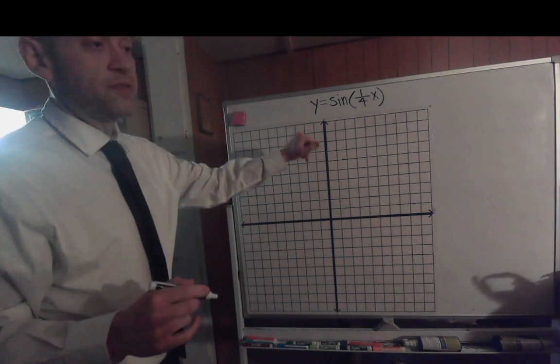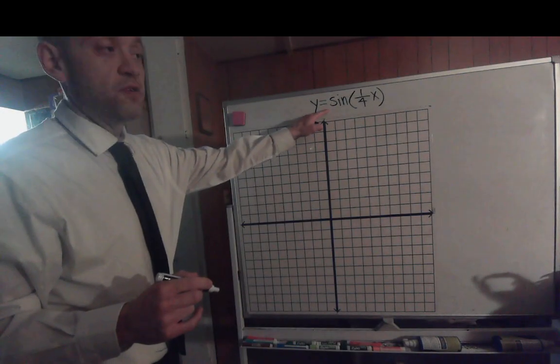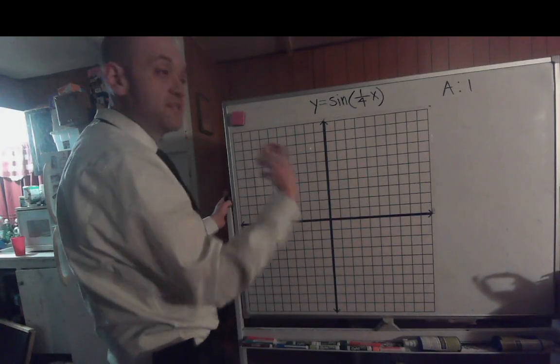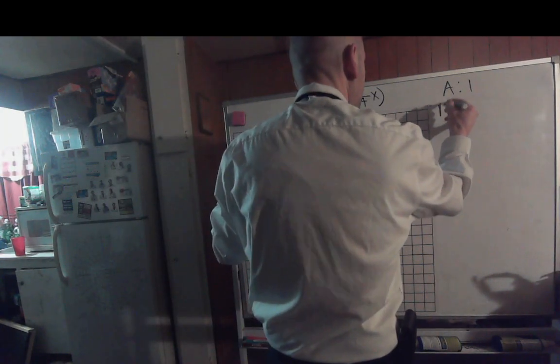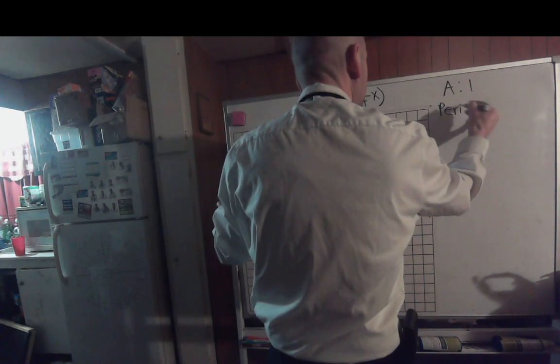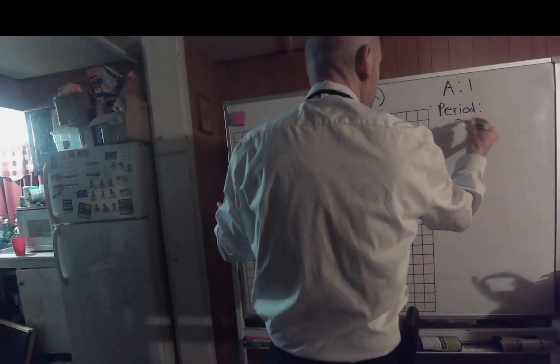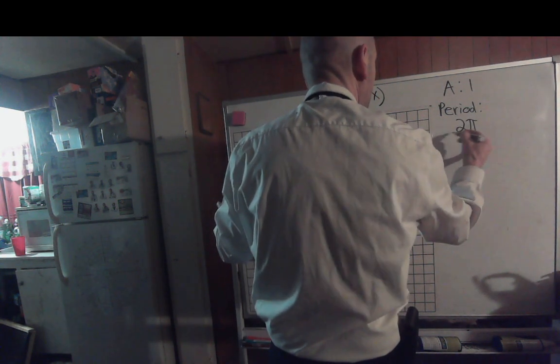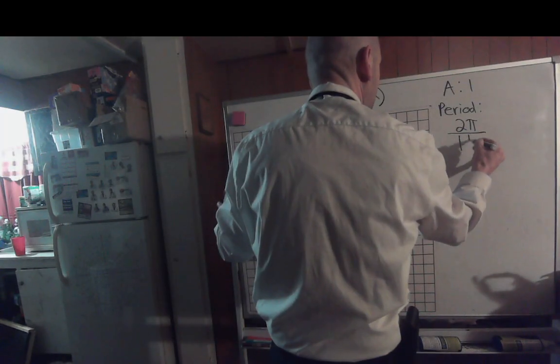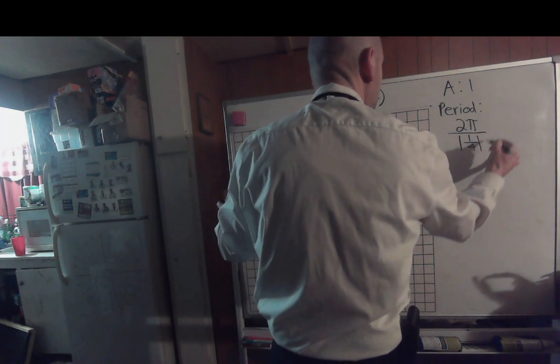Well, let's look for our amplitude first. What's the coefficient on the sine? It's still 1, right? So my amplitude's still going to be 1. That hasn't changed. But now let's figure out the period. So for the period, it's going to be 2 pi over the absolute value of 1/4.